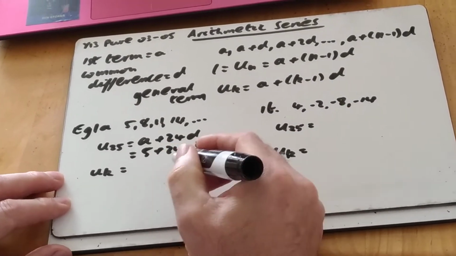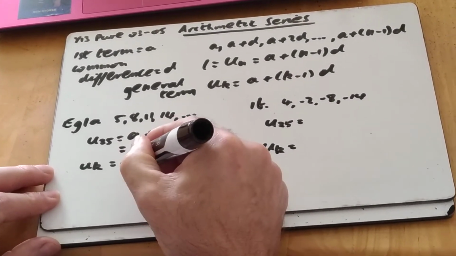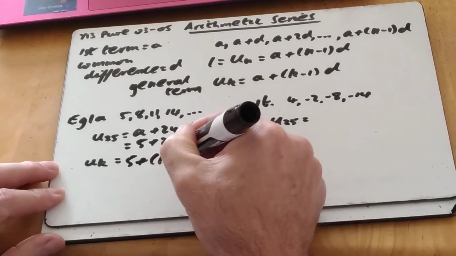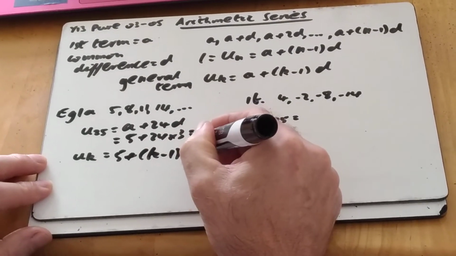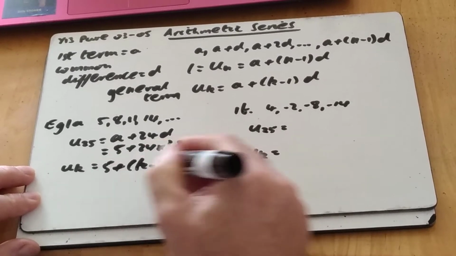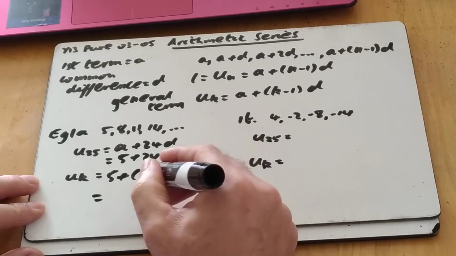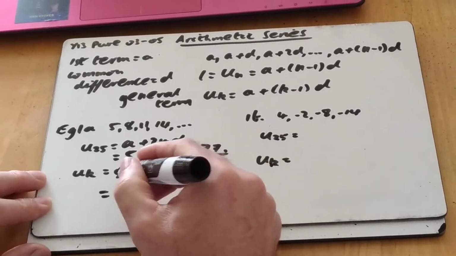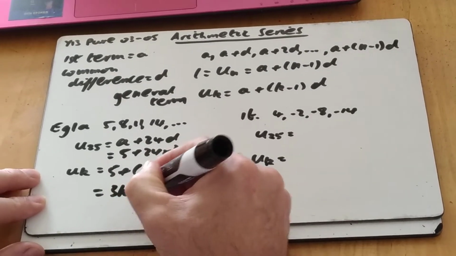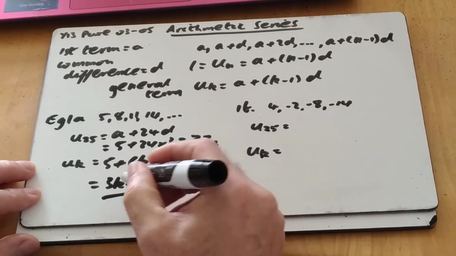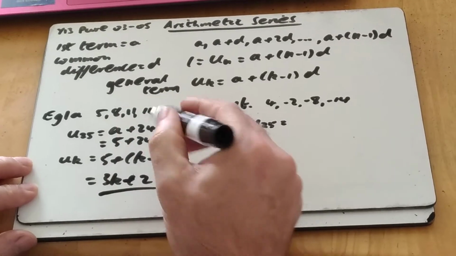The kth term then will be 5 plus (k minus 1) times 3. You leave it like that, or you can multiply it out to get 3k minus 3 plus 5. And that's what you would have done as the nth term for this pattern at GCSE.